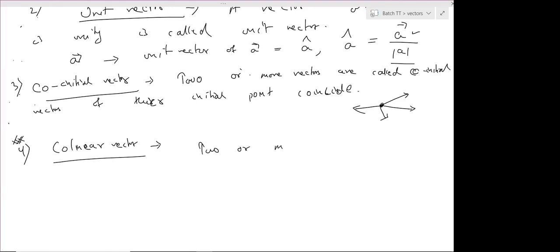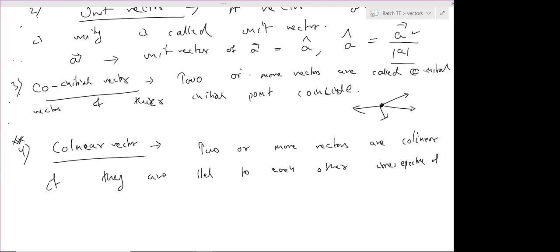Two or more vectors are collinear if they are parallel to each other, irrespective of their magnitude.